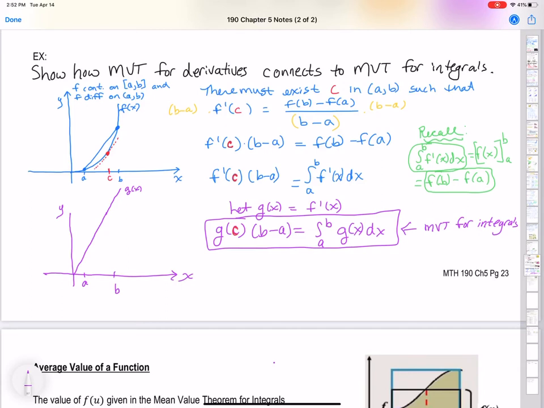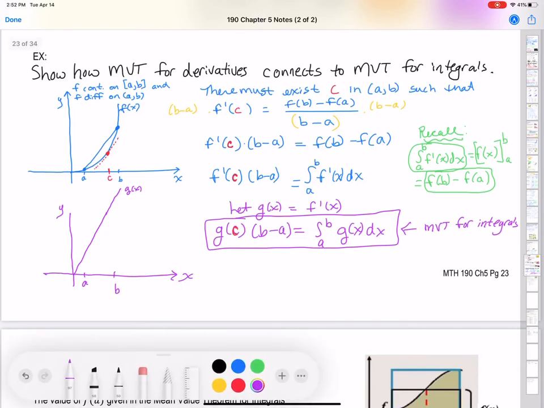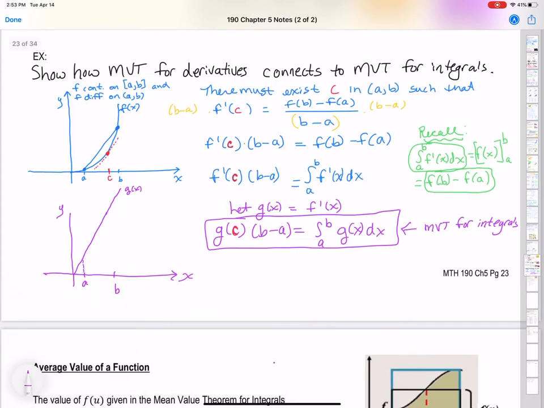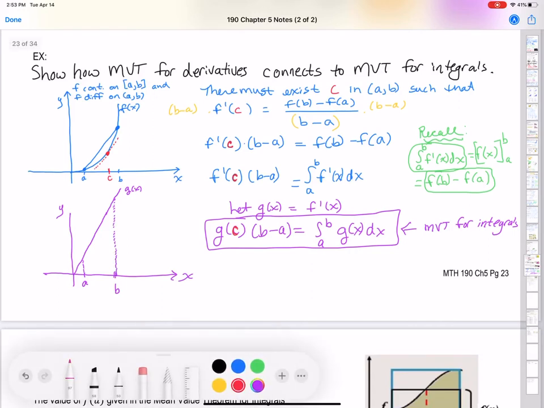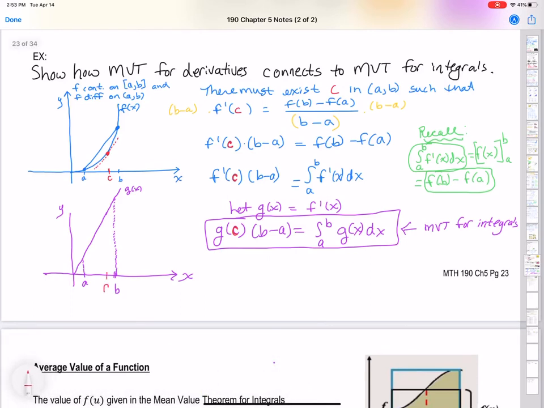And so what the mean value theorem for integrals is now saying is that that same c is still the same c, right? But now we're on the derivative of f. It is the same c number. That didn't change.